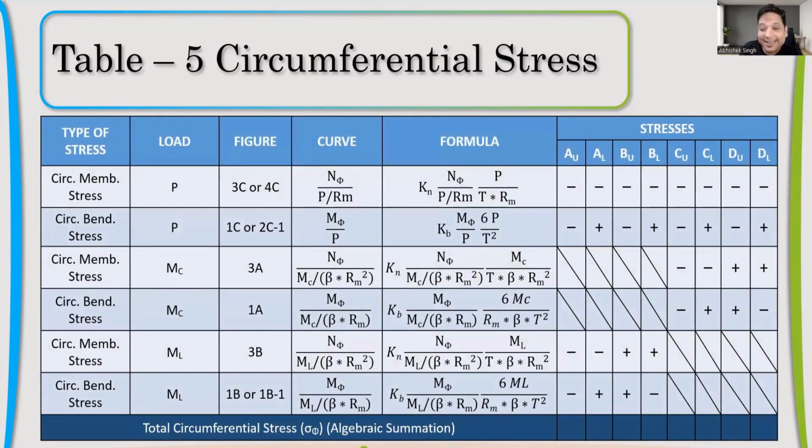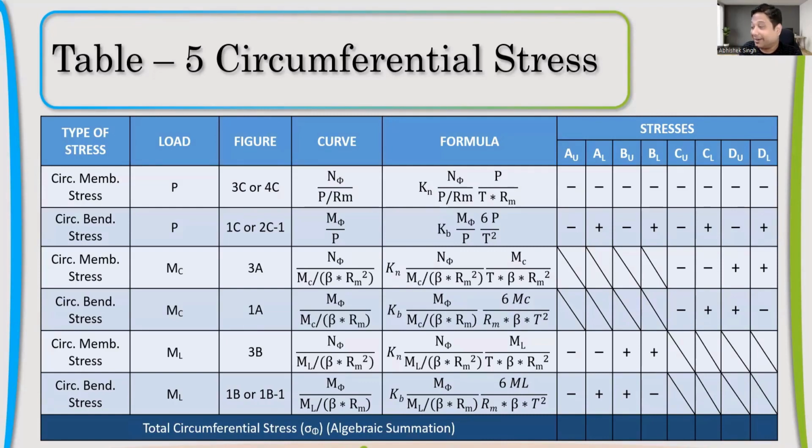Then we'll find circumferential bending for P load, then circumferential membrane for MC, circumferential bending for MC, circumferential membrane for ML, circumferential bending for ML.